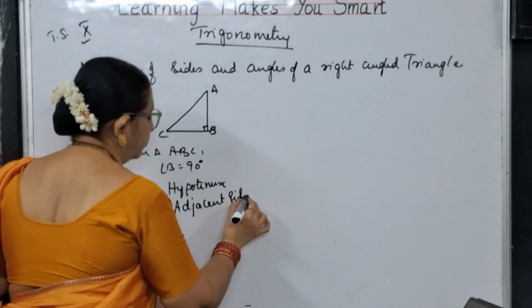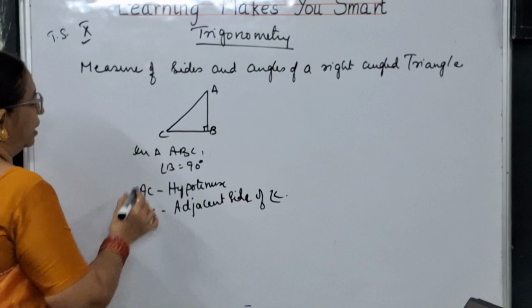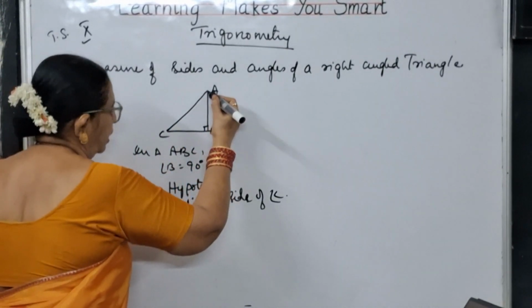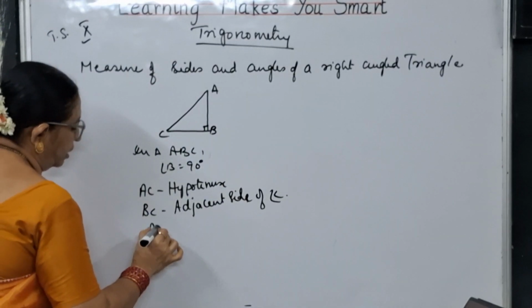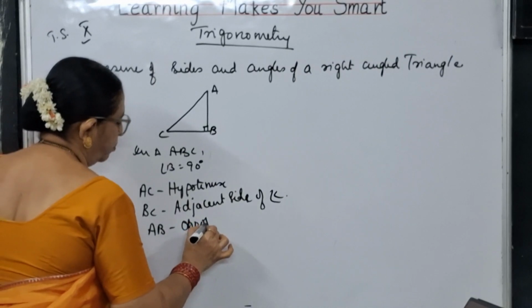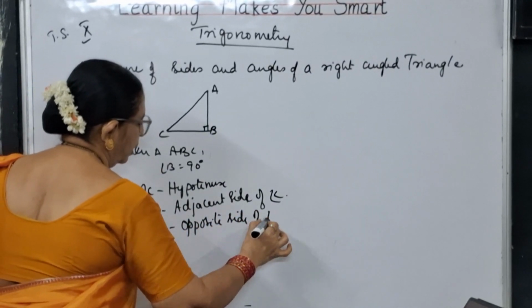Adjacent side of what? Of angle C. For angle C, BC is the adjacent side. When you are talking about angle A, AB will be the adjacent side. And what is AB? AB is the opposite side of angle C.